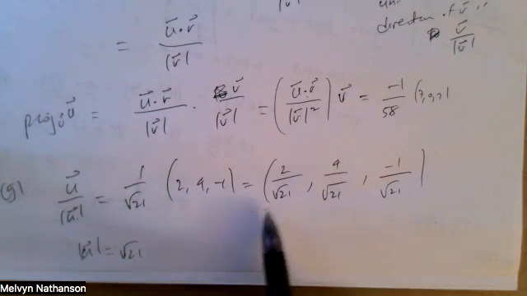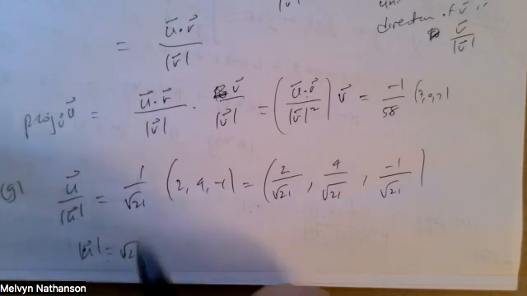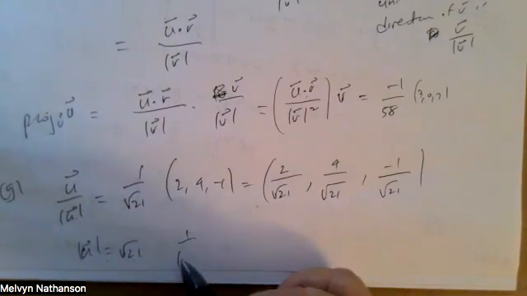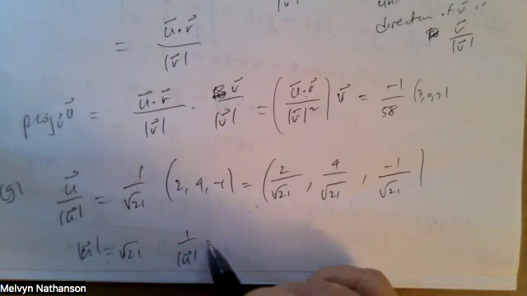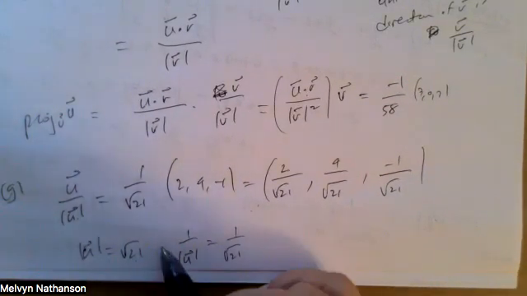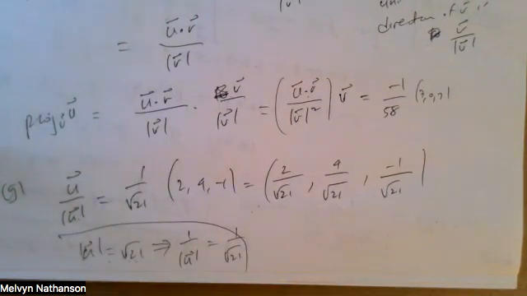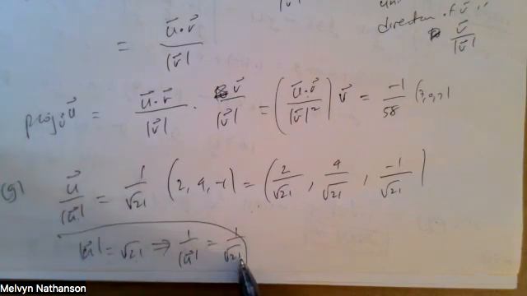You divide each coordinate by square root of 21. Right? This is the reciprocal of the length. If the length of u is square root of 21, 1 over the length of u is 1 over the square root of 21. If you're asking where does this 1 come from, that's where it comes from.